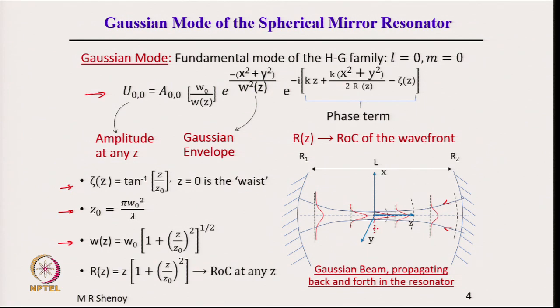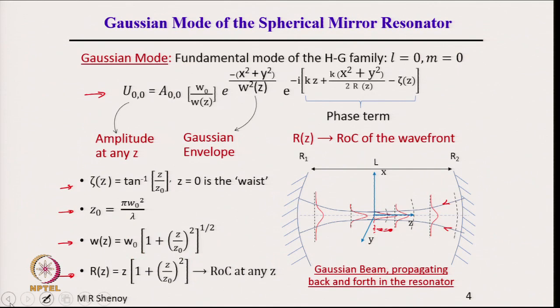At any other z, the spot size is given by this formula here, and R of z is the radius of curvature of the wave front at any z. We can see that the wave front also evolves as the beam propagates. We will discuss more about this a little later.